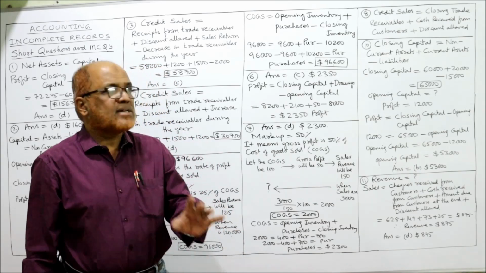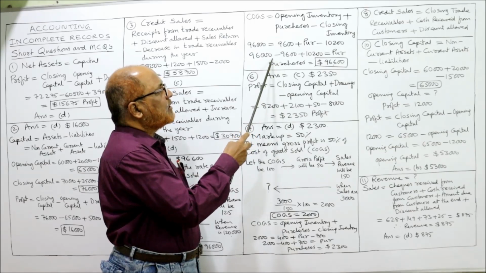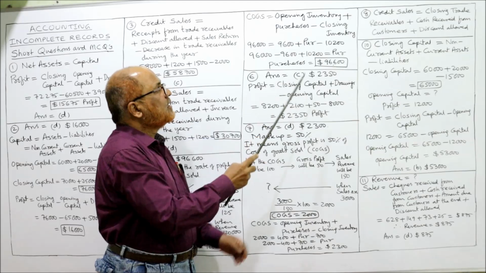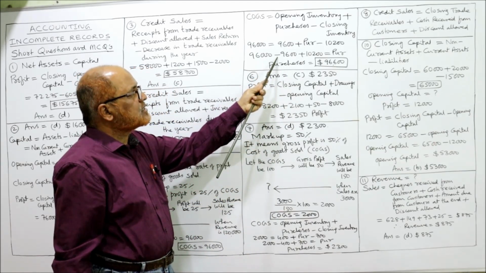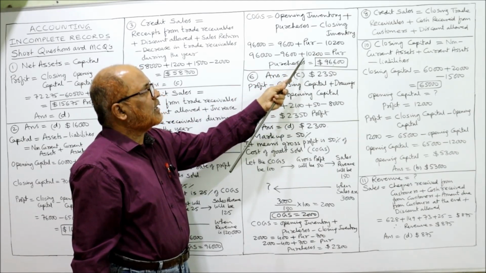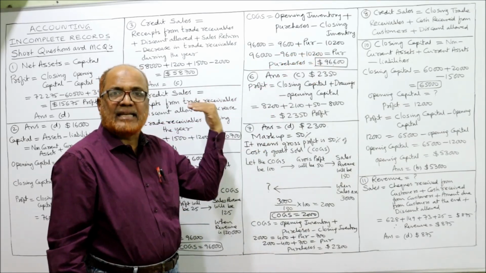Now, purchases we keep on the right hand side. Bring 9,600 and minus 10,200 to the LHS. So plus 9,600 will become minus 9,600, and minus 10,200 will become plus 10,200, because I am changing the sign when bringing it from RHS to LHS.